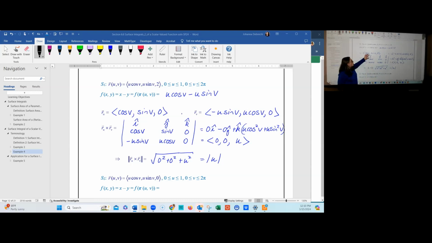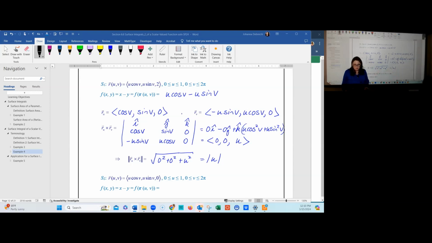If I take the partial with respect to u, I get cosine v, sine v, 0. And the partial with respect to v is negative u sine v, u cosine v, 0. Then I take their cross product, getting 0, 0, u. And when I find the magnitude, I'll get the absolute value of u.